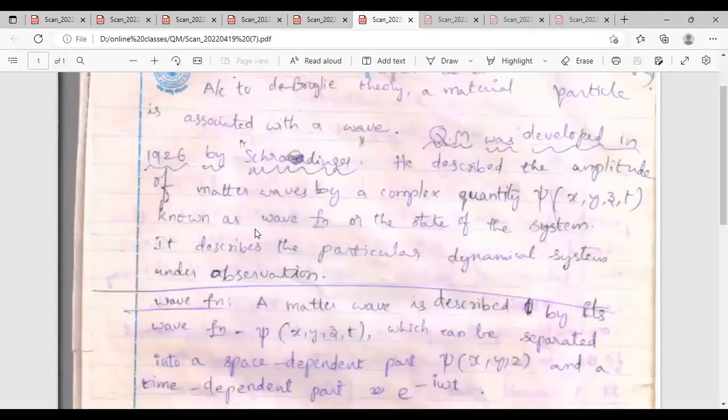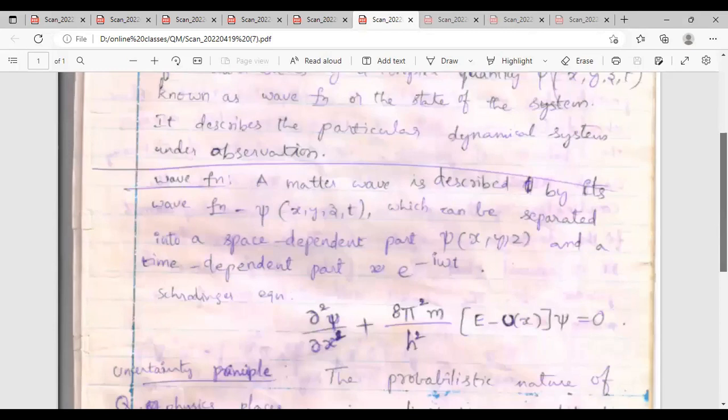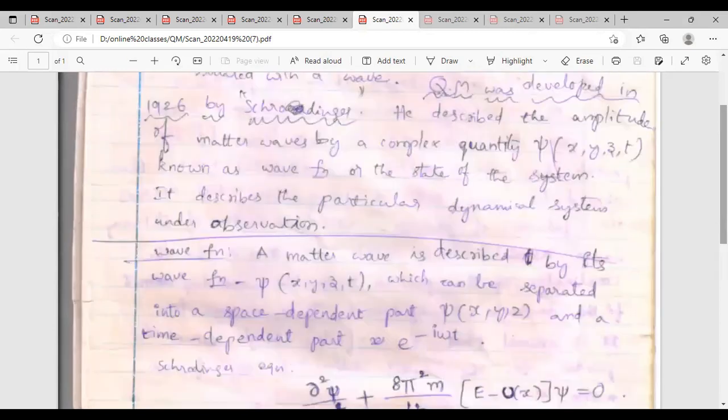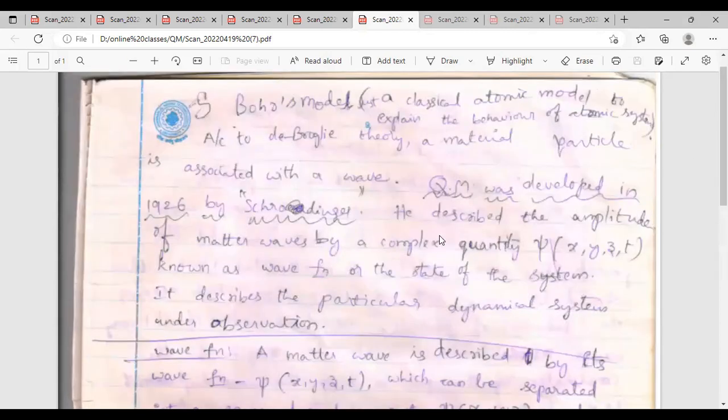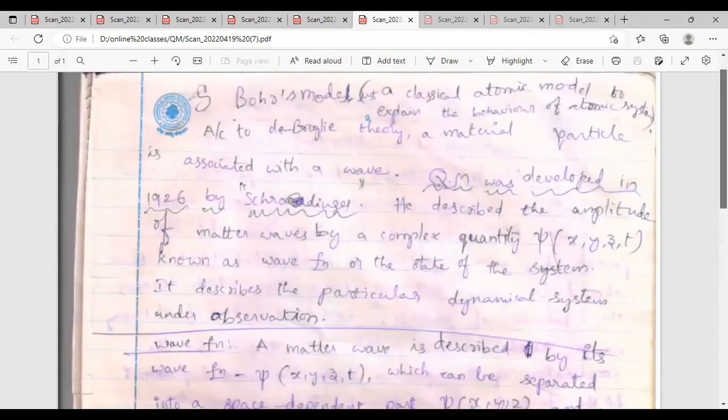He described the amplitude of matter waves by the complex quantity psi of x, y, z, t, known as the wave function or state of the system. It describes the particular dynamical system under observation. Quantum mechanics was developed by Schrödinger, and the Schrödinger wave equation explains the behavior of material particles.